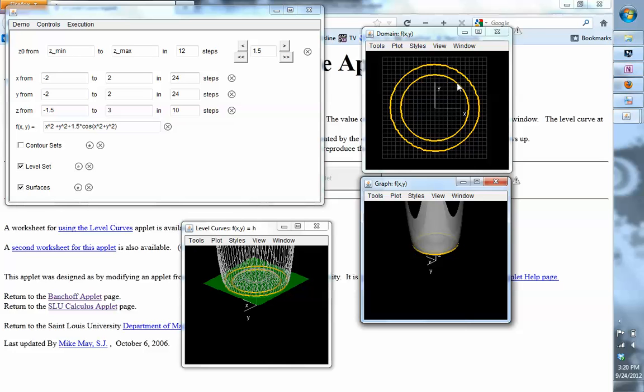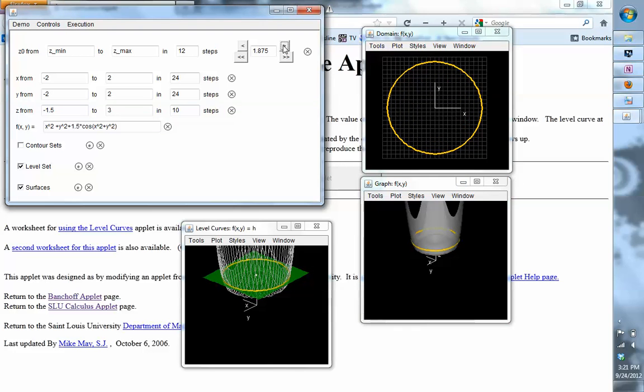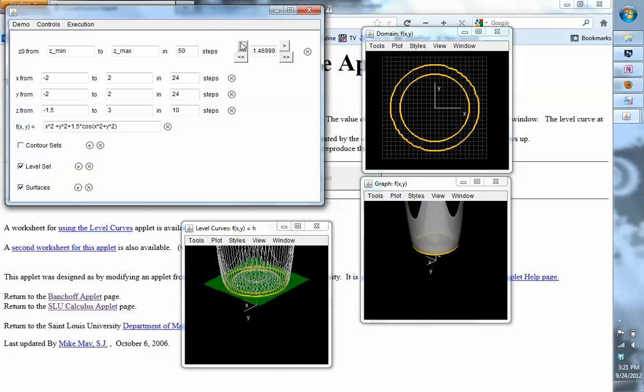I can keep lifting this up, and you're going to see the concentric circles get closer together. In fact, let me crank up the number of steps here to maybe 50. Now we see there's a little bit of rounding error. Does everybody understand what's happening when I'm doing that?